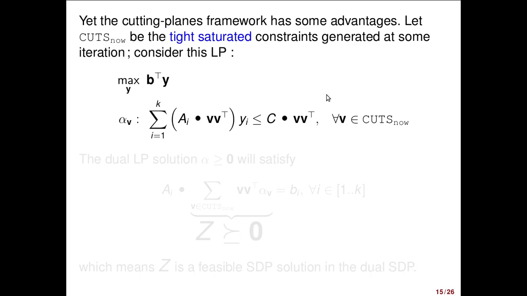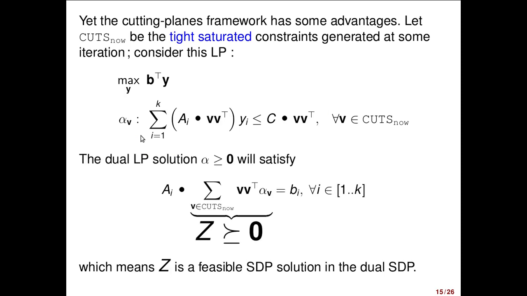Imagine that at some moment I generated some v, and if these cuts v do not cover all space R to the n, I have a standard LP here. Please look, and I can compute the dual by associating to these constraints dual variable alpha v. I speak about the dual LP.